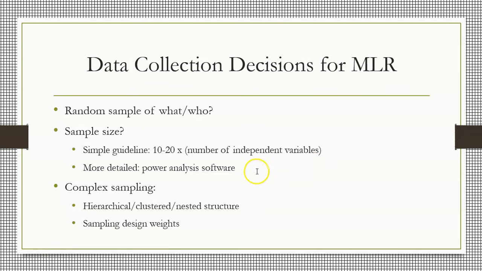You can get more detail about exactly what you need in your case, based on what you want to find out, using something called power analysis software. It's much more complex to do, but it takes into account things like the variability, or standard deviation, variance in the data. It takes into account what size of effect, we call it, you are hoping to find. Or in other words, say if there's a difference between the males and females, how big does that difference have to be for me to care about it?